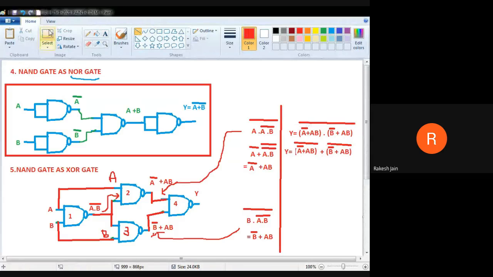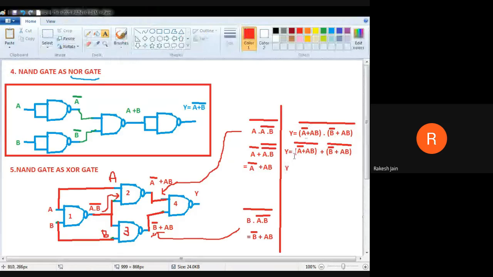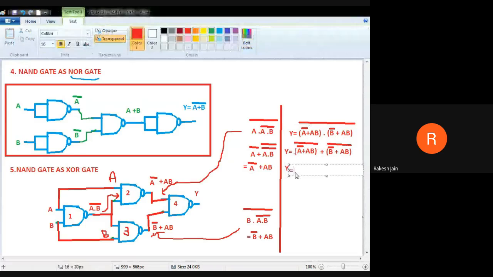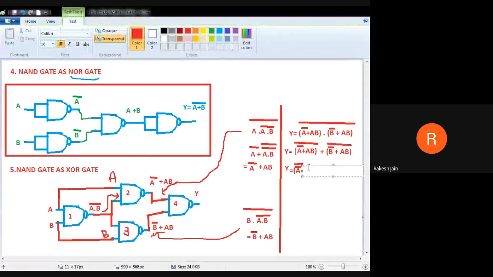Okay. Now once again we apply De Morgan theorem for these two values. Two things added having a bar will be converted into two things individually bar with a multiplication sign. So one thing is A bar, so again we write down A bar having a bar. Now this plus will be converted into a dot as per the De Morgan theorem.